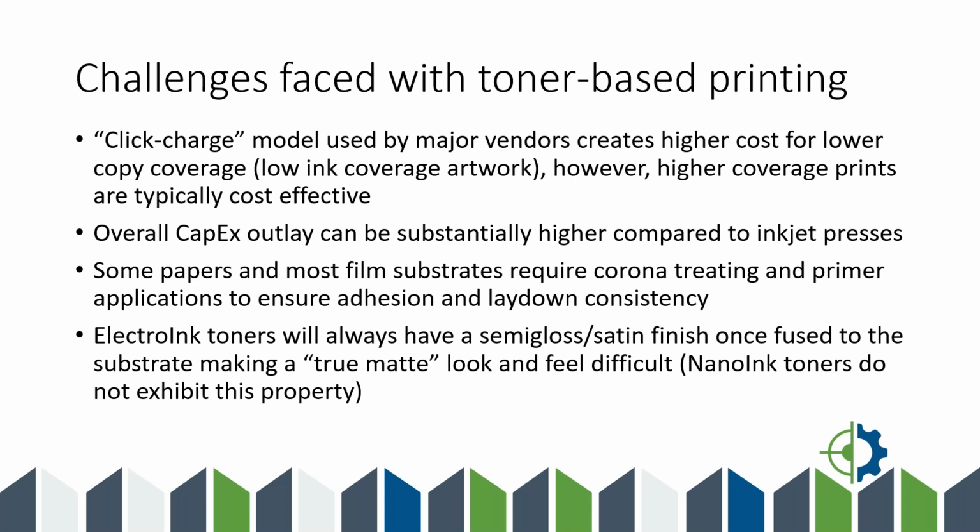Electro toners typically will be fused with a semi-gloss satin finish. The smaller the component, which electro-inks are today, they will reflect if you have a gloss surface on the substrate. Because the toner is now so thin, it allows that gloss reflectivity to shine through the toner.